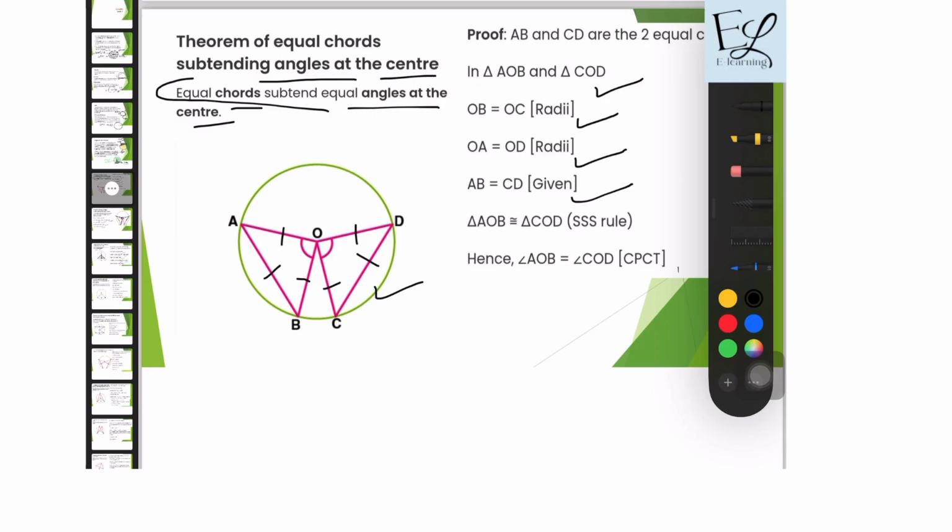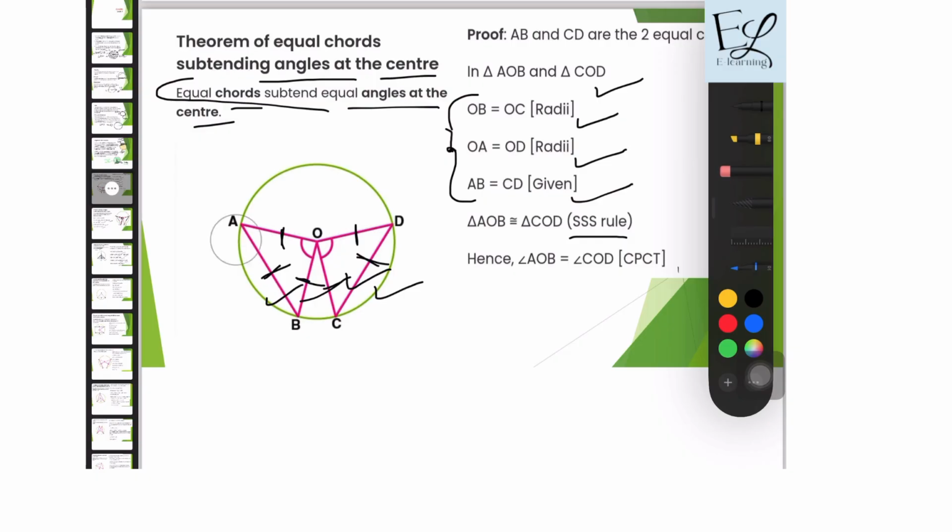So we had to meet three conditions, and we have completed three conditions. Now we can say that these two triangles are congruent. By which rule? SSS rule. Side, side, side.